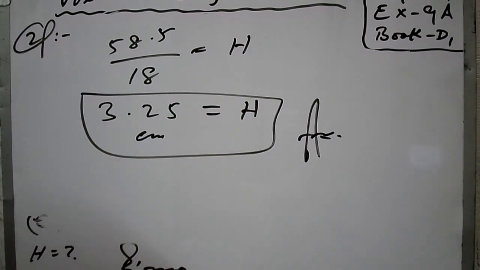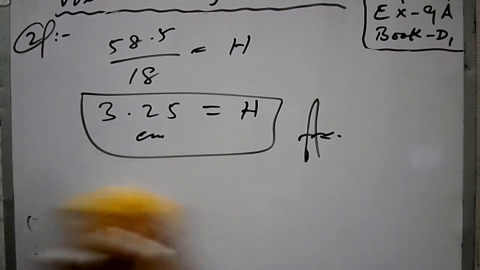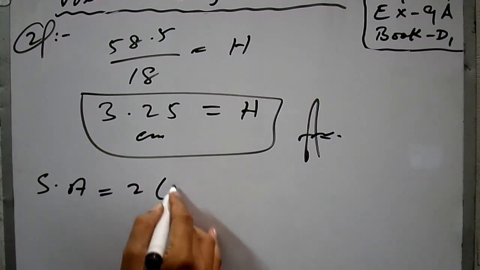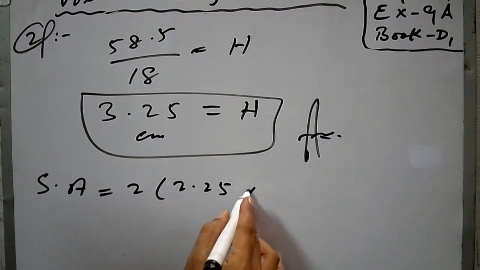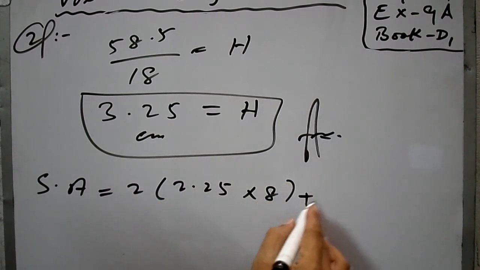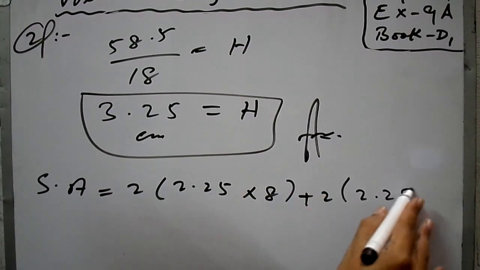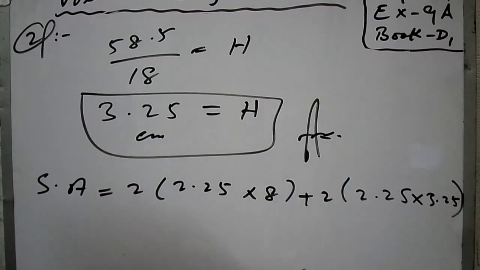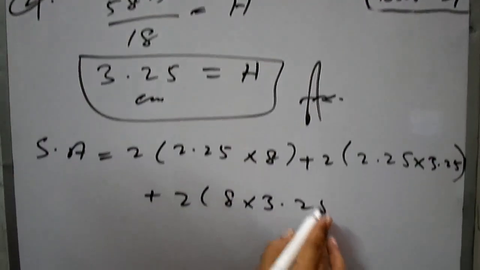Similarly, you can see here what is its surface area. So now to find its surface area. Surface area is 2 into 2.25 multiplied by 8 plus 2 into 2.25 multiplied by 3.25, just we have calculated here, plus 2 into 8 into 3.25.